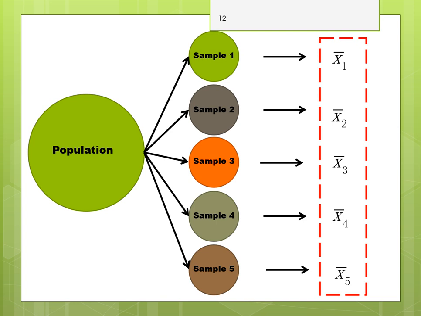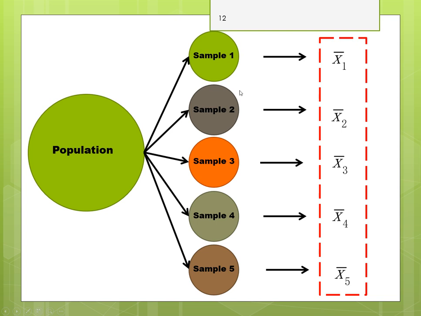And the second time, we still draw samples from the same population with the same sample size. We still choose 20 individuals in the population, and this time we get sample 2.